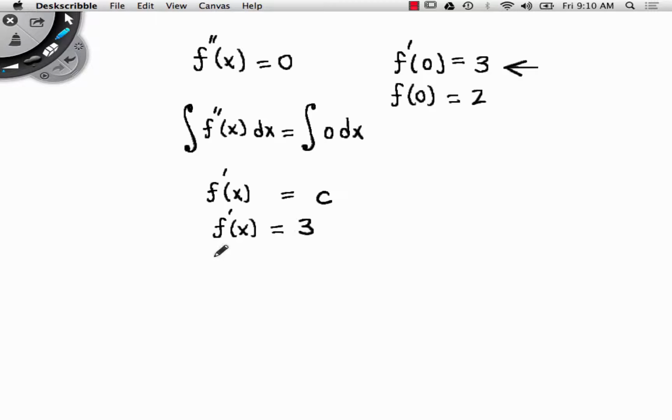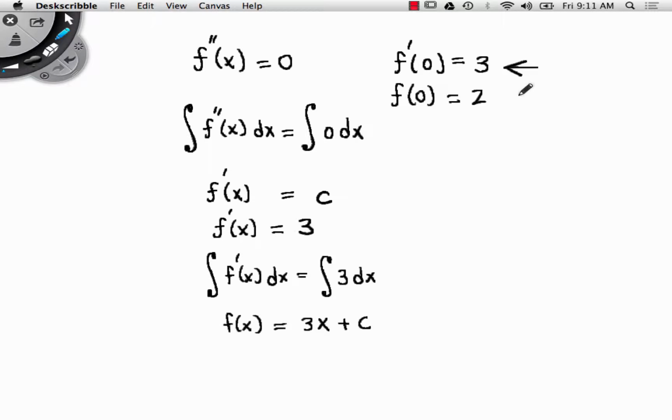Okay, so now I anti-differentiate again. So that means that f of x is equal to 3x plus c.